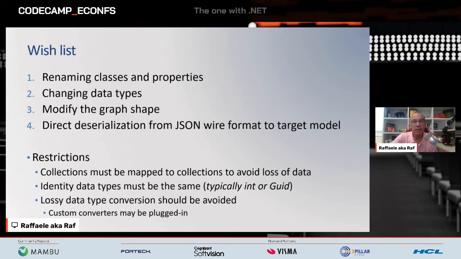This is the point. There may be a restriction when you map different models. And these are very important, because, for example, collections must be mapped to other collections. Of course, if you have some data that is inside an order item, and there is no collection on the other side, there will be a mismatch in terms of multiplicity, and some data will be overwritten, and this is not acceptable.